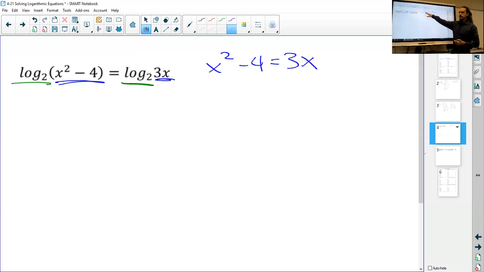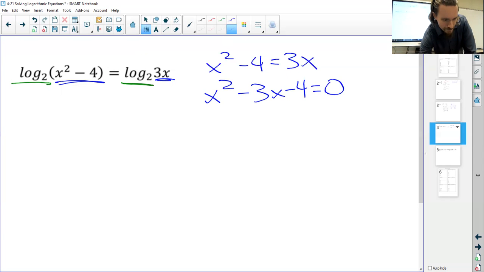So we have x squared. You're like, quadratics, I've done those before. So it's going to be x squared minus 3x minus 4 equals 0. Any way you want to solve this, you can.